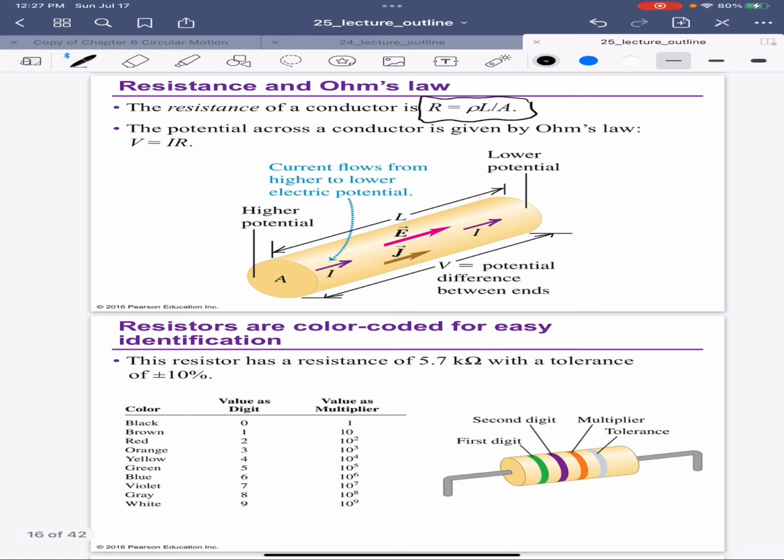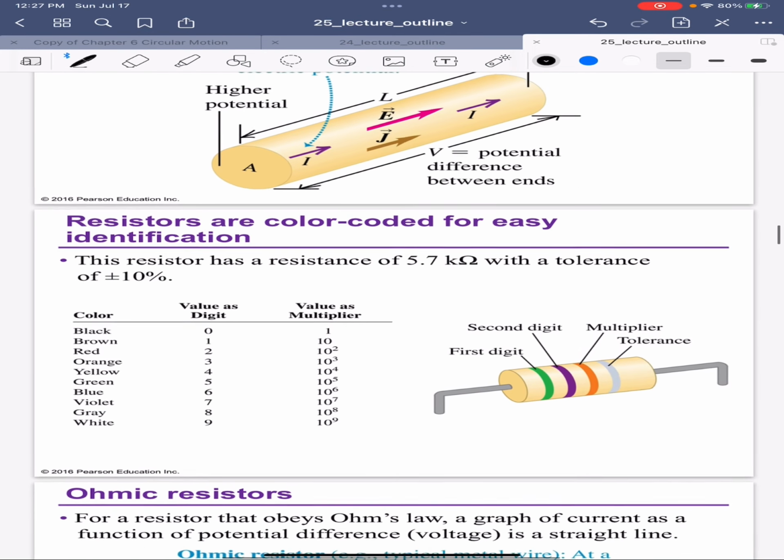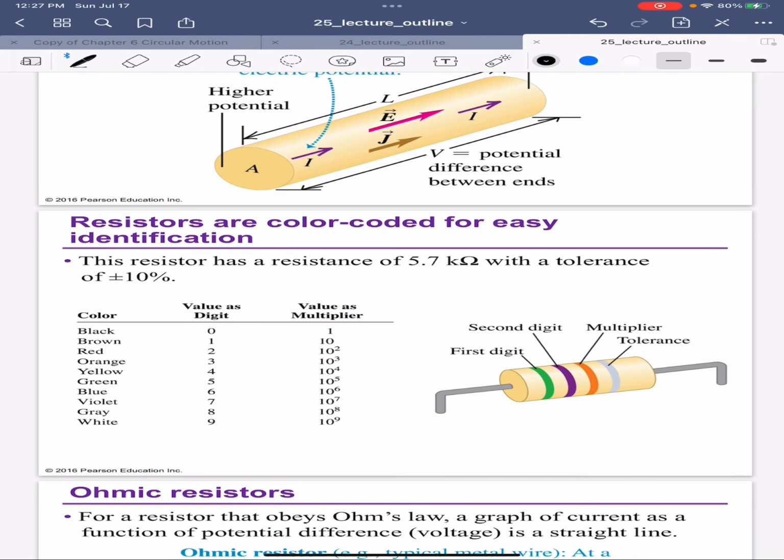Here also, we are going to use this later, because it's easier. We are going to have the resistors color coded so that we will be able to calculate their values. For example, here we can see that this resistor has a resistance of 5.7 kilo ohms with a tolerance of 10%.